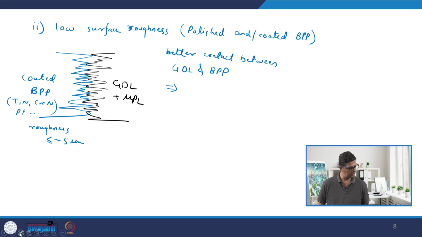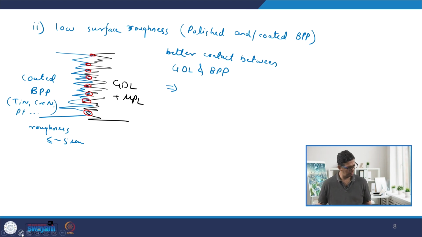We can see that we have a large number of contact points, or these are the places where both of these materials are touching each other.